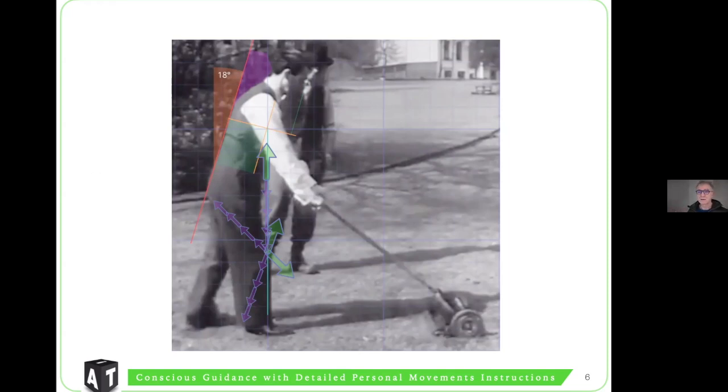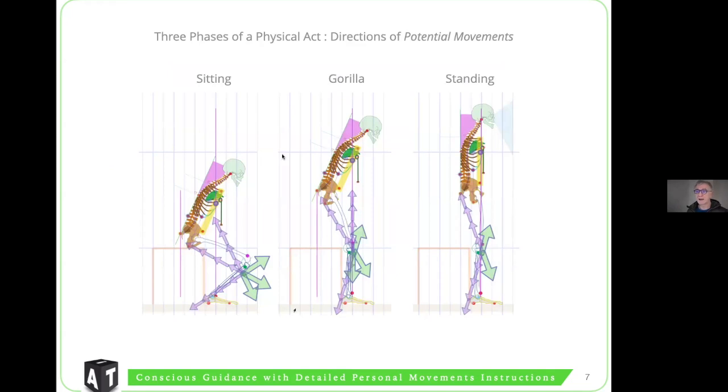And so let's go back. We see here the three phases of the physical act. So this is the physical act of going from standing to sitting. There are so many arrows, it's difficult to see what we are talking about. We have a straight person, and the person goes into, well, I use the Delsarte word gorilla, but in the Alexander technique we use the monkey name.